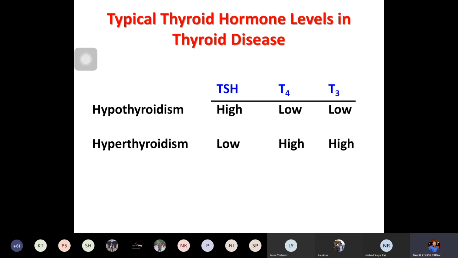To increase them, our body tries to increase the level of T3 and T4, so the level of TSH will be high due to the response, like our body senses there is a decrease in the level of T3 and T4 or thyroid hormone. So it tries to compensate, so the level of TSH will be high.